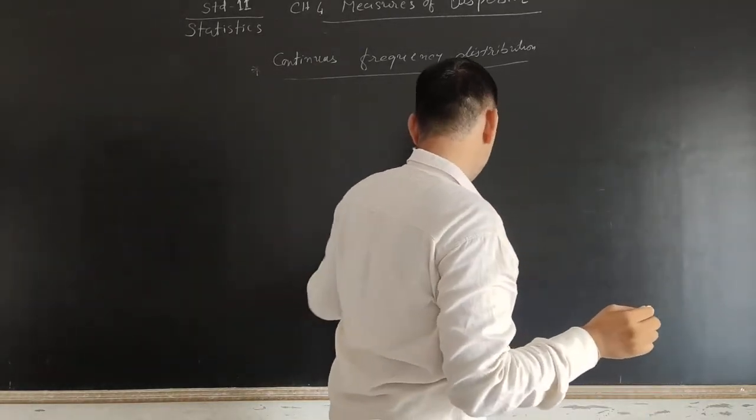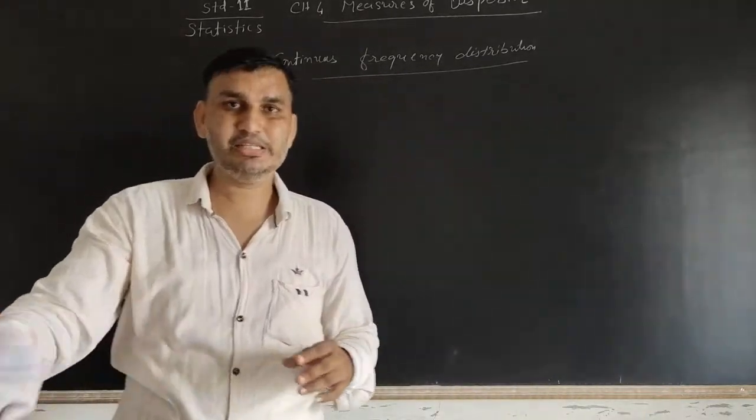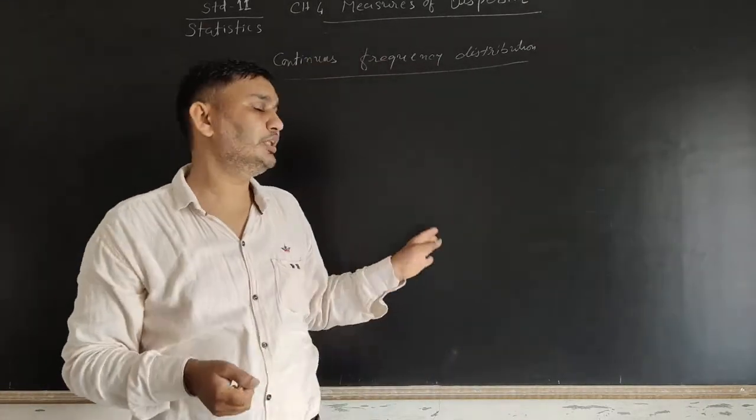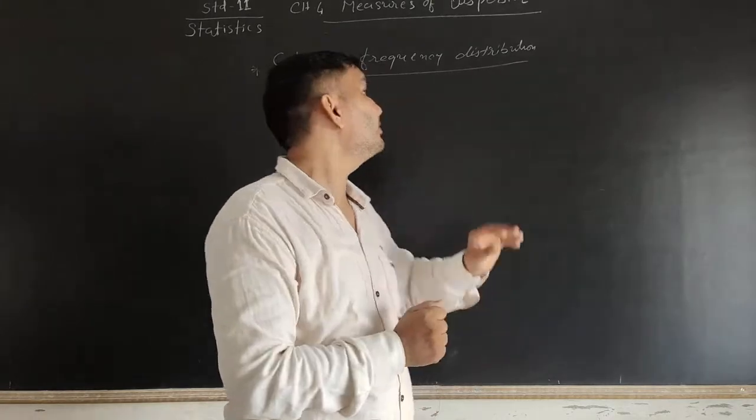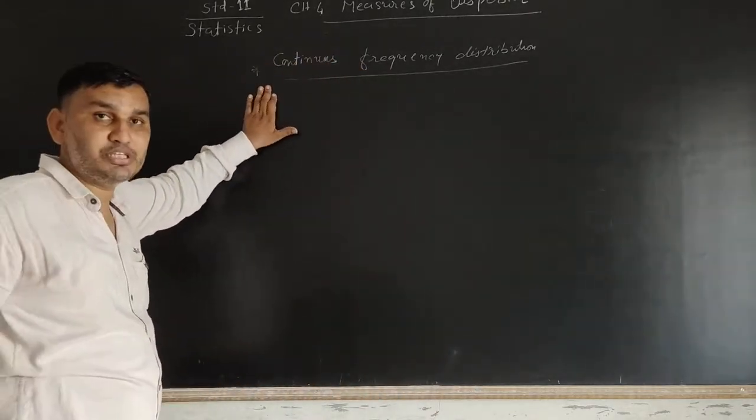It's only a concept. In the exam it may be asked in 1 or 2 mark questions, not more than 3 or 4 marks. Now see the range of a continuous frequency distribution.